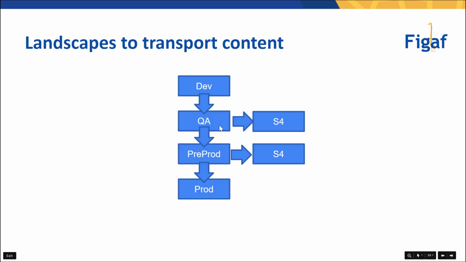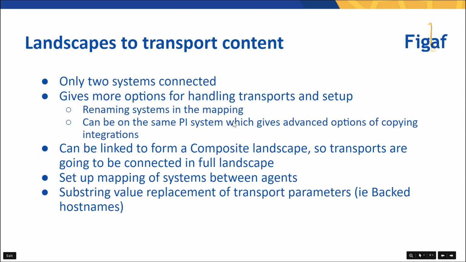As you can see here, we can transport from dev to queue, from queue to pre-prod. Each of these is a different transport where you have a different way of handling the configurations. And then because we needed this renaming of objects, we also have transport on the same systems, but we'll get to that later.